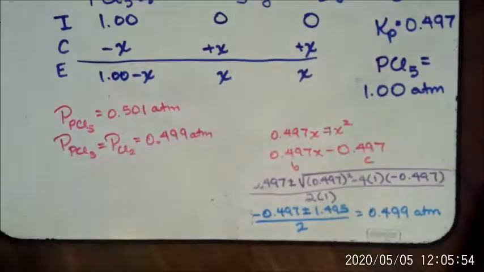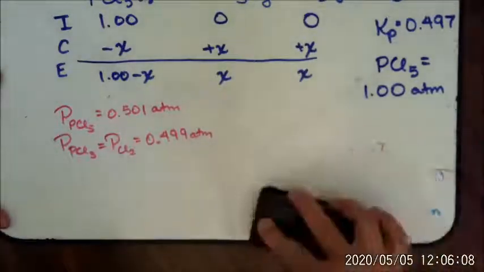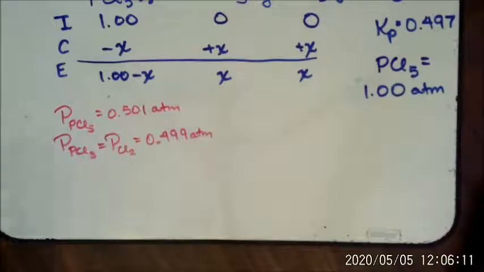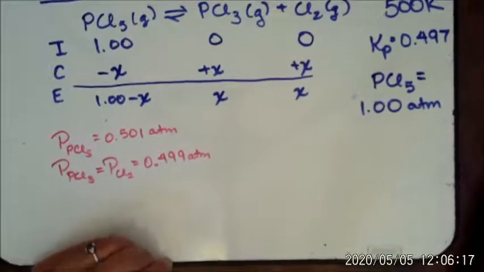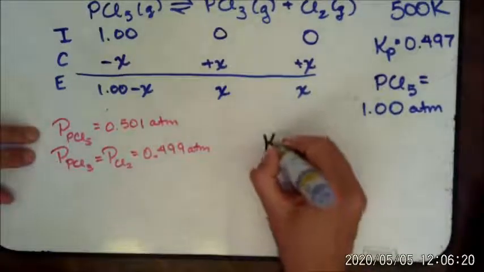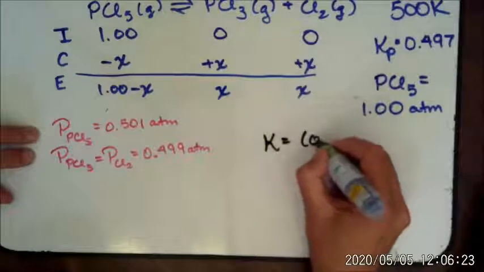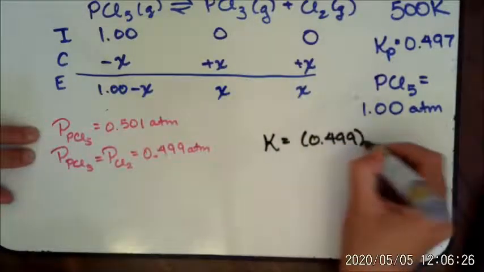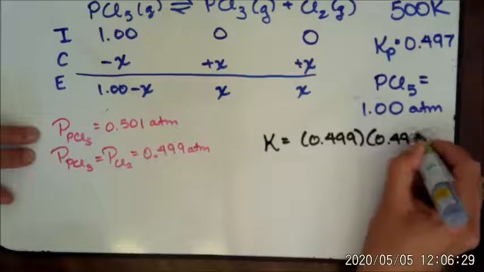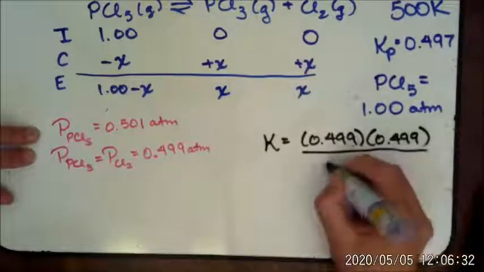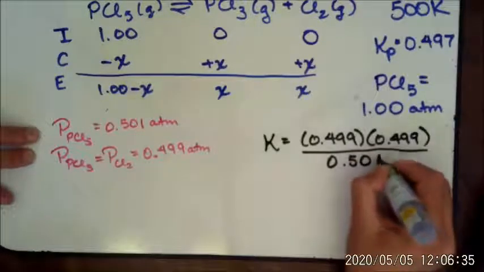Now let's see whether or not this makes sense. The way you check to see if your values are reasonable is you just recalculate K and see if it matches the one that we're given. So if I calculate K with my equilibrium values, K is going to be 0.499 times 0.499 divided by 0.501.